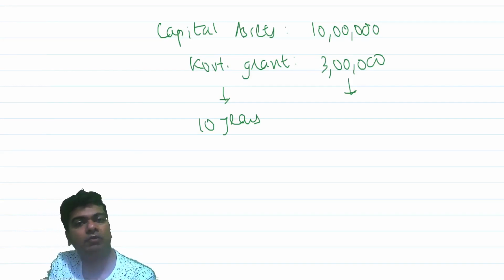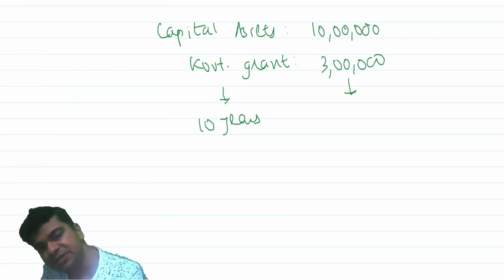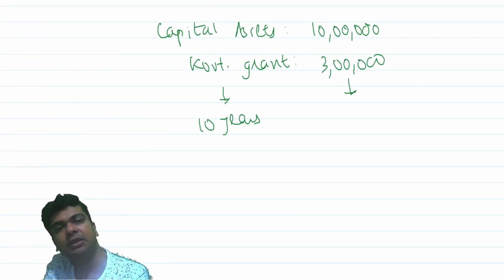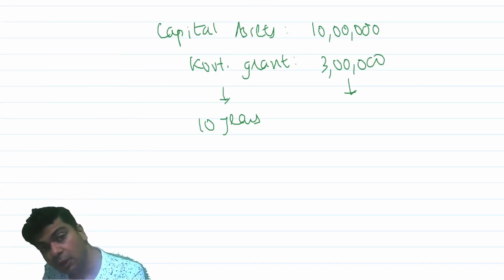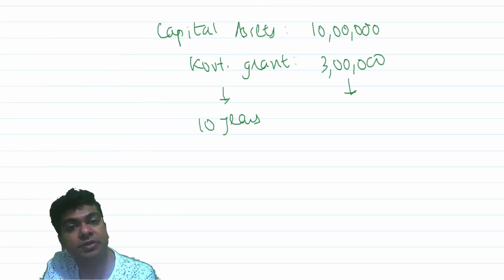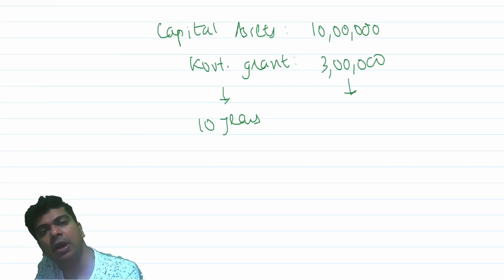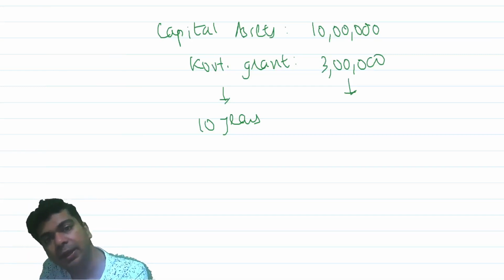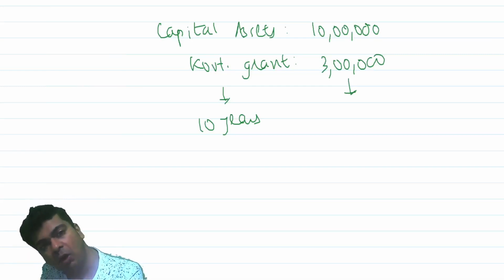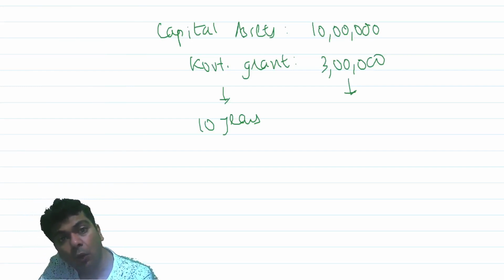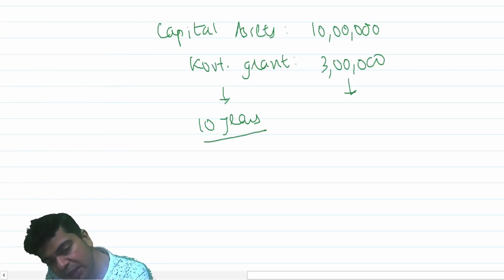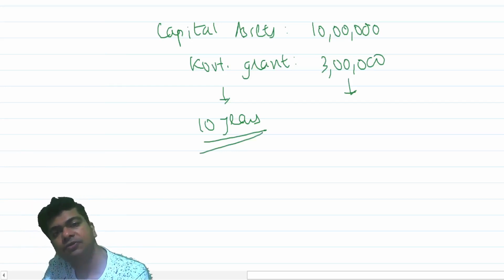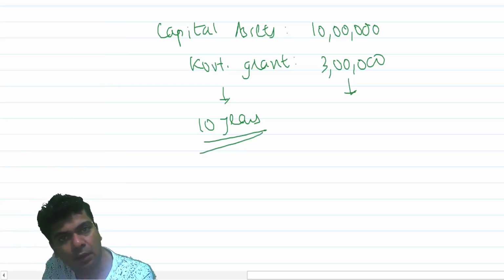I am going to invest 10 lakhs of rupees in capital assets. As per the government scheme, I will get 30% of it, which is 3 lakhs. Question arises, how should I account for this government grant of 3 lakhs? You should treat the government grant received as a deferred income. And then over the useful life of the capital asset, you should take transfers to the P&L.